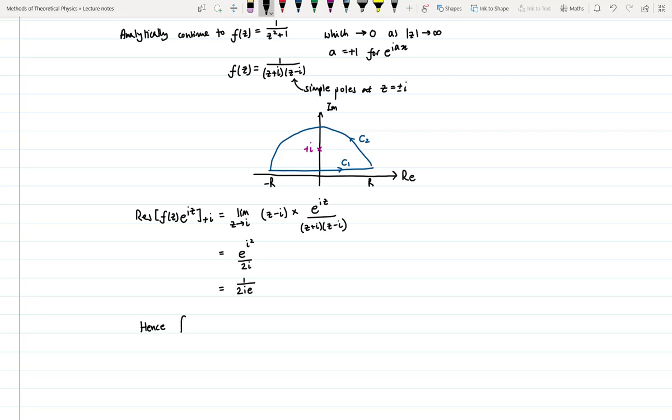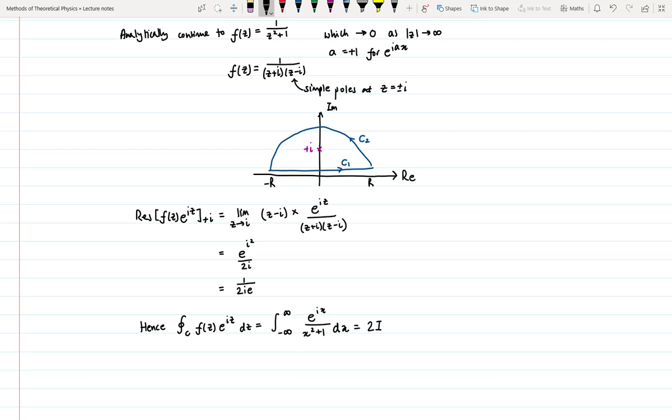Hence we have that the contour integral of f of z e to the I z dz, we know that this gives us the integral from minus infinity to infinity of e to the I x over x squared plus 1 dx.